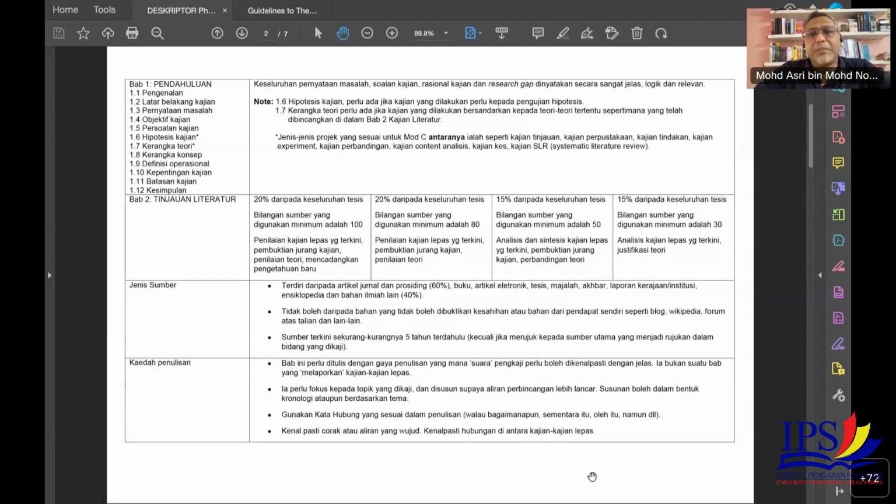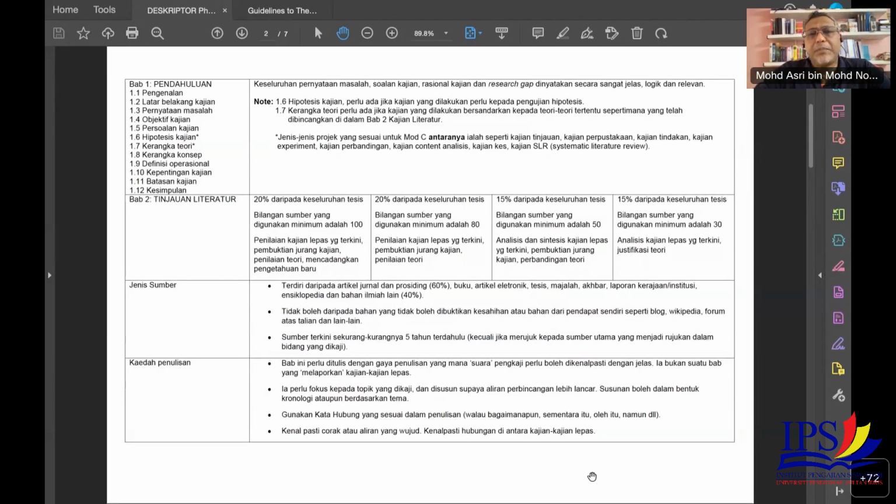But just as a rule of thumb, if you're doing project paper, not necessarily you need to follow this very strictly, but just a rule of thumb. Usually, the length of your chapter 2 or literature review should be about 15% of the whole of your project. But again, let me repeat, this is just a guideline, a rule of thumb.